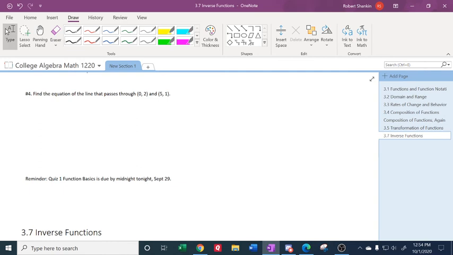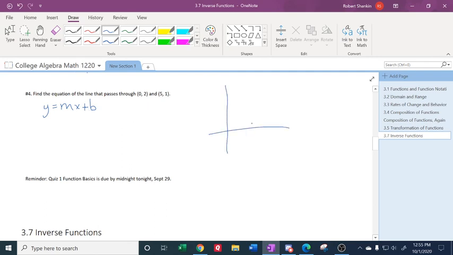Okay, 30 seconds more. Okay, let me have you stop. This one, if you remembered y equals mx plus b, you have a starting point. You need a starting point for an equation of a line.